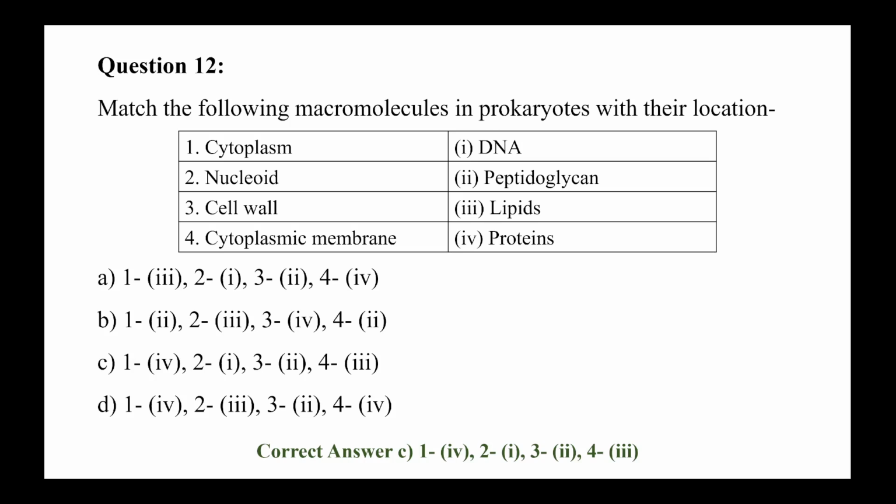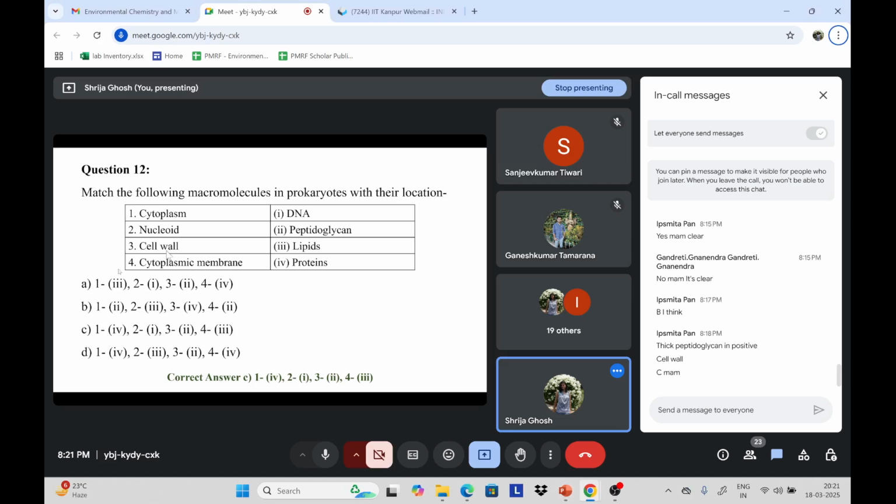Okay, so option C is the correct answer. Cytoplasm with protein, nucleoid with DNA, cell wall with peptidoglycan, and cytoplasmic membrane with lipids. Clear to everybody? Anyone have any doubt in this?